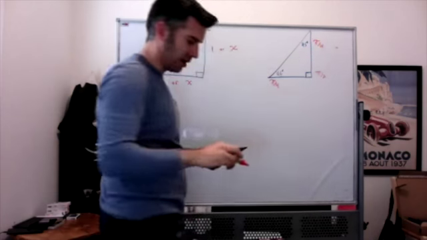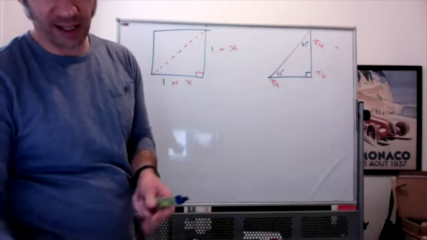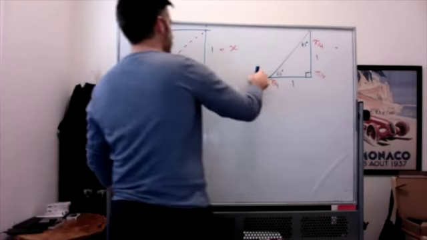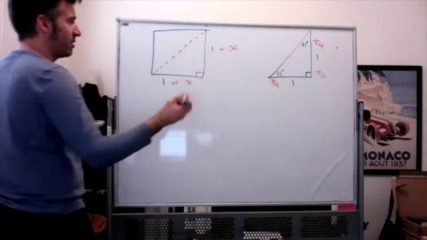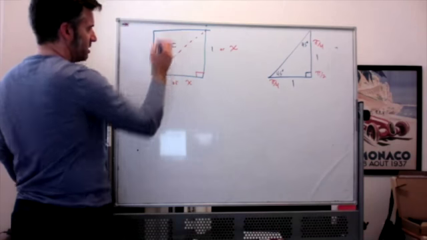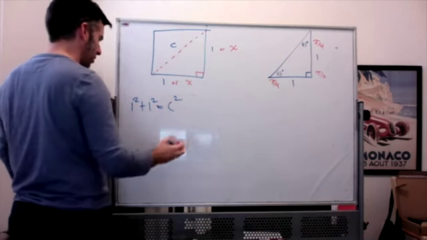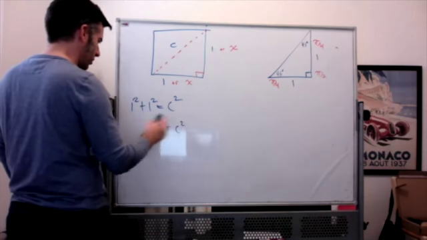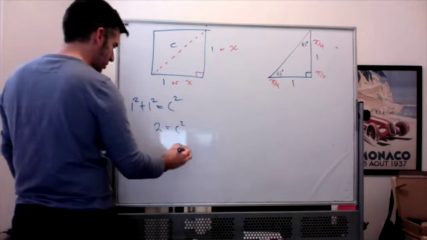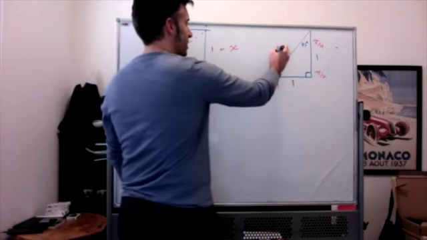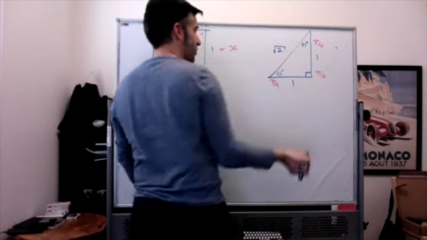And the sides of this triangle are, again, I like to say 1, 1, and we need to find this side. Using the Pythagorean Theorem, I'm going to call this side C. I have 1 squared plus 1 squared equals C squared. So C squared equals 1 plus 1, which is 2. So C is the square root of 2. So this hypotenuse is the square root of 2.